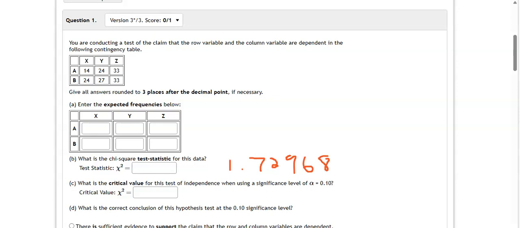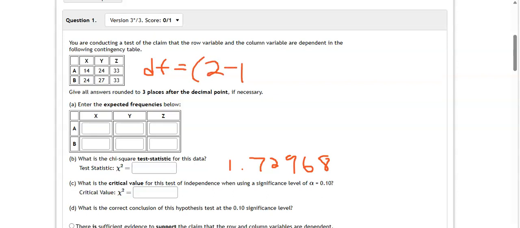All right, so we've got a significance level of 0.10. We have to get our degrees of freedom. Now, if we look at the rows, we have 2. So to get our degrees of freedom, we do the number of rows minus 1, so 2 minus 1.